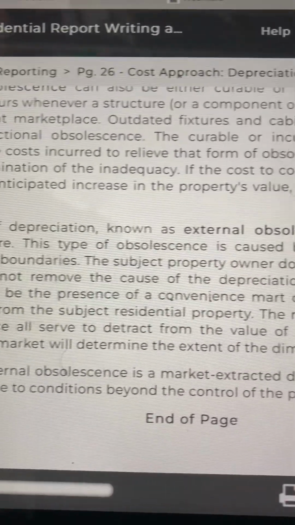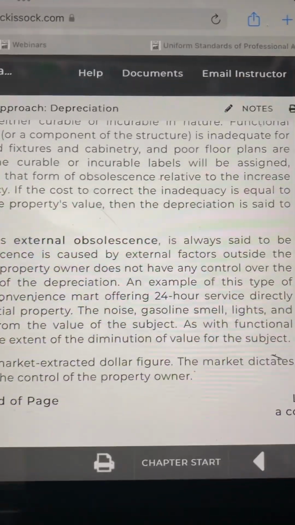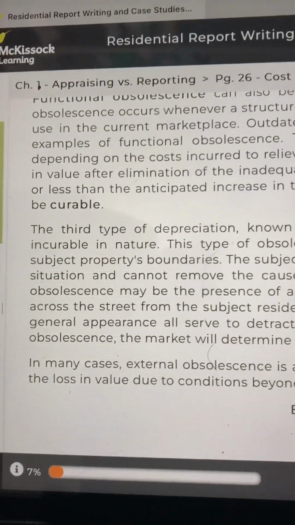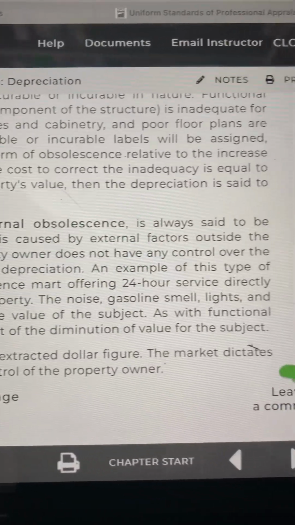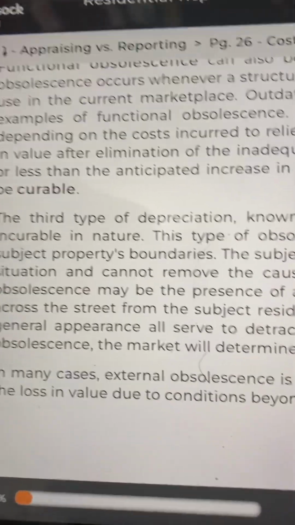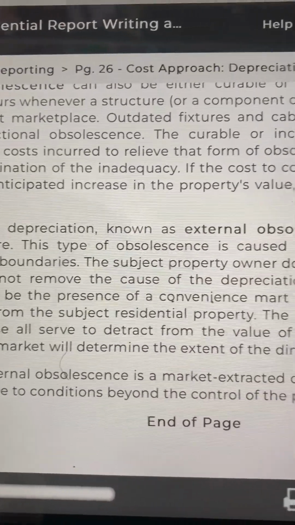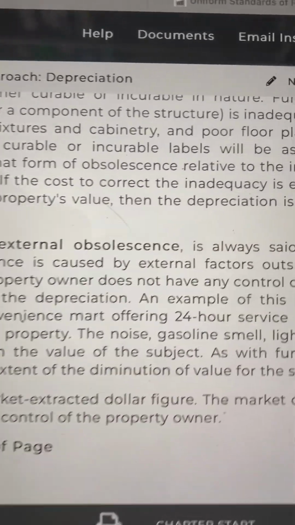This type of obsolescence is caused by external factors outside the subject property's boundaries. The subject property owner does not have any control over the situation and cannot remove the cause of the depreciation.